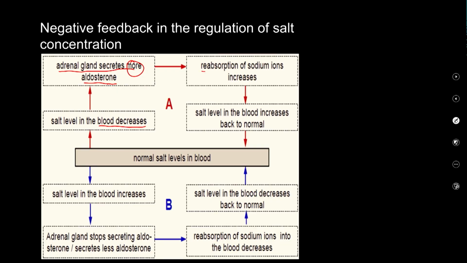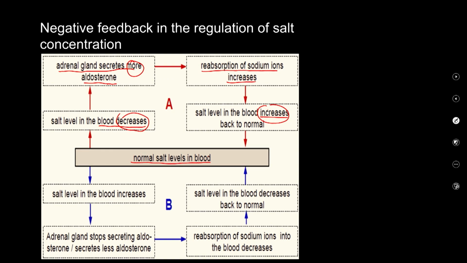So that reabsorption of sodium ions increases. Then the salt level in the blood increases, and it will take us back to the normal level of salt, because it decreased here. So the salt level in the blood will now increase. Then it takes us to a normal level of salt in the system.